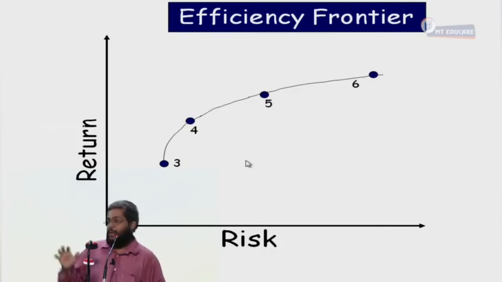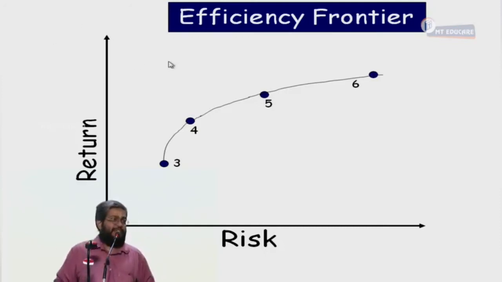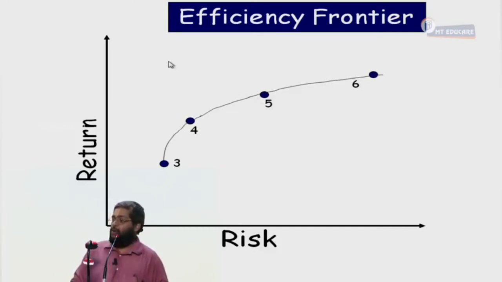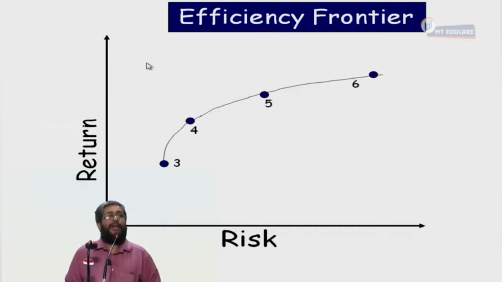Right or not? My question is, suppose there is a share which is above the efficiency frontier. Now tell me, is this share superior to the shares on the efficiency frontier or not? No, the question is wrong. Then this is not the efficiency frontier. The frontier changes.